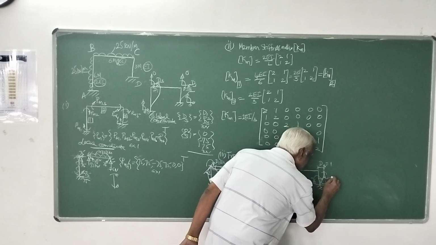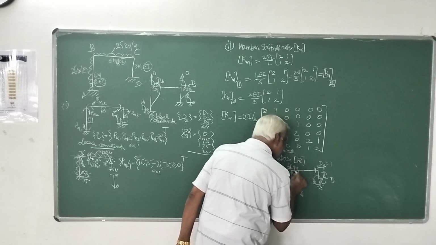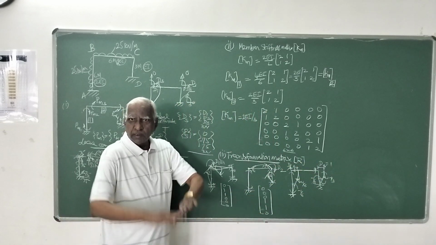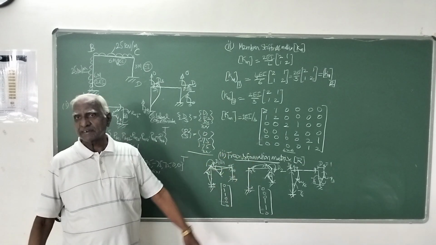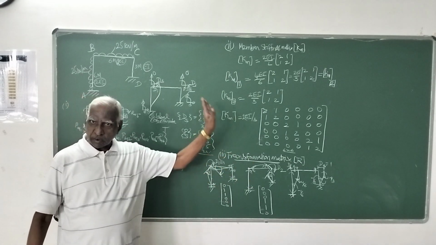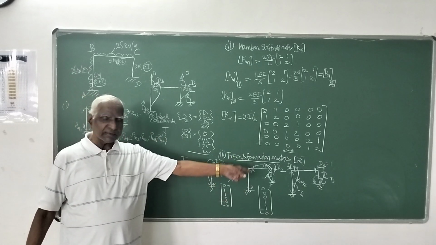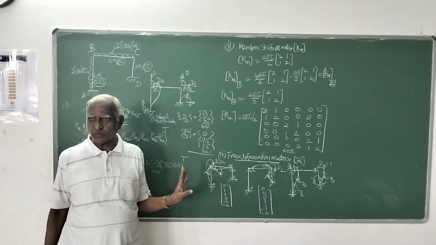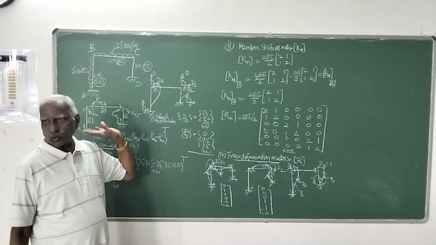Here also it is minus 1 by 3. Here of course it is 0, 0, because the beam has not undergone any rotation because of this sway. Only the column members have undergone sway. So due to that sway, whatever rotation they take, that is corresponding to your local coordinates.